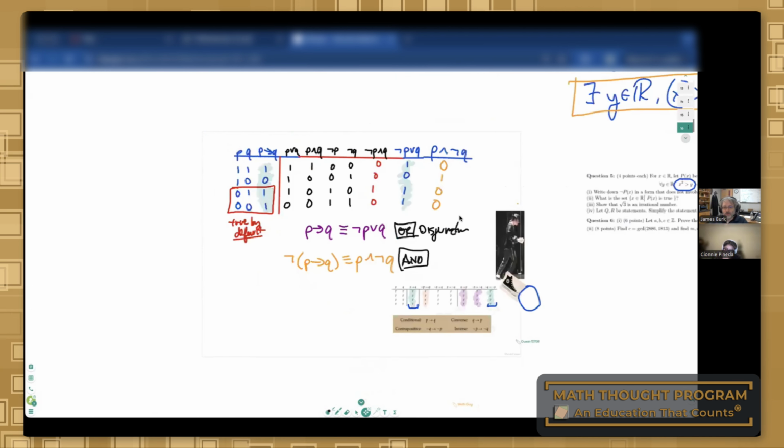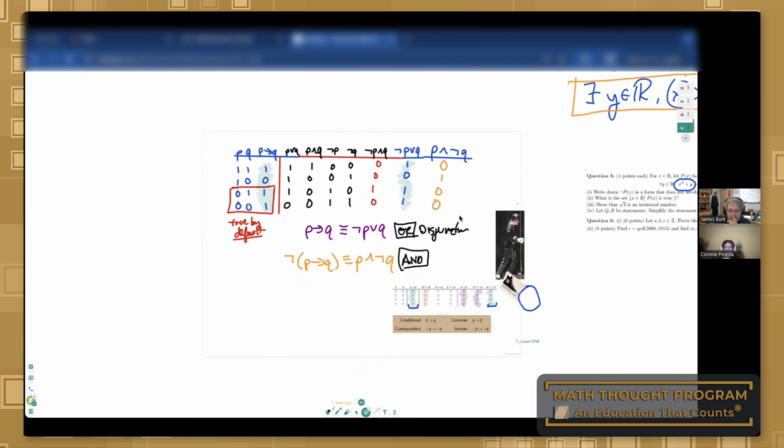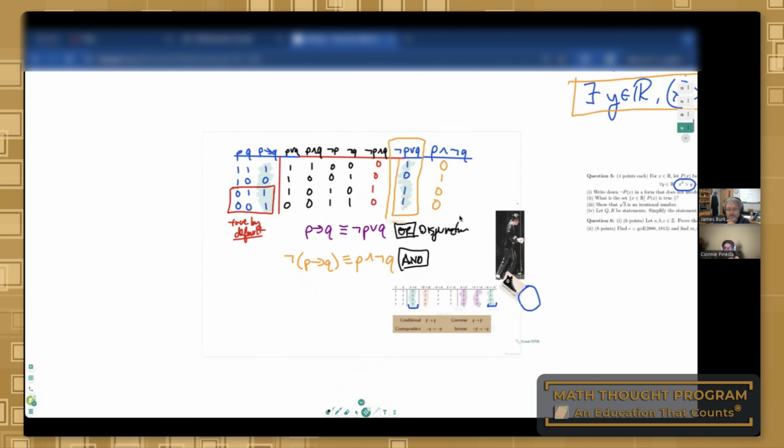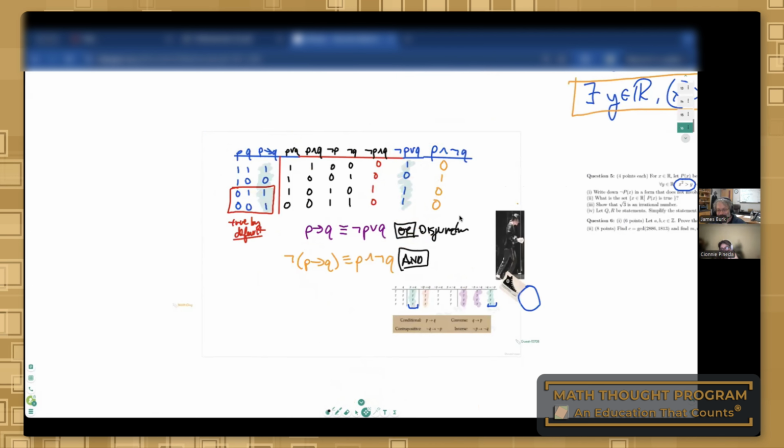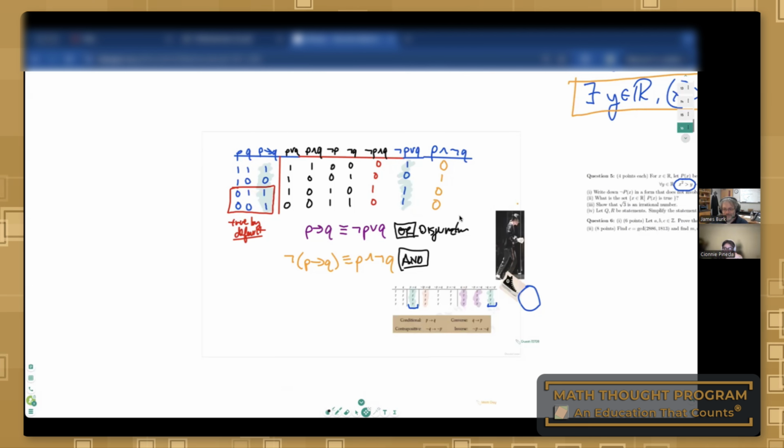What was logically equivalent to the conditional statement? The not P or Q. Right. So I'm going to use that as an expression. Oh, you're substituting. Yeah, exactly. Okay, I get it now.